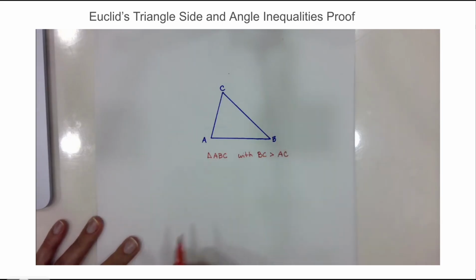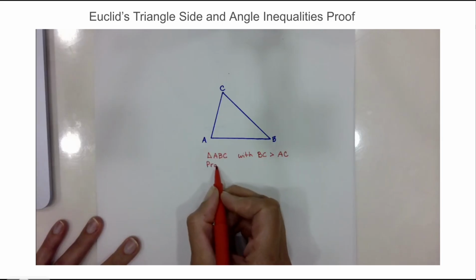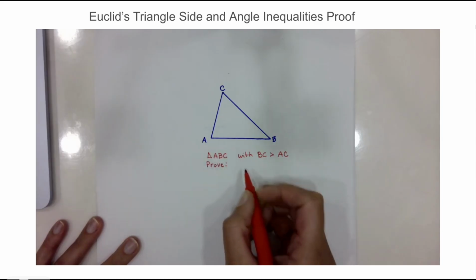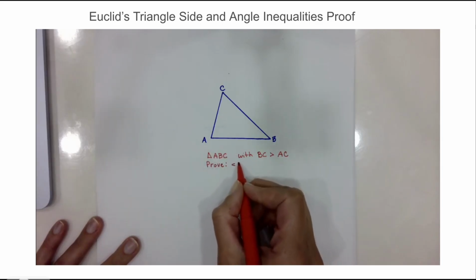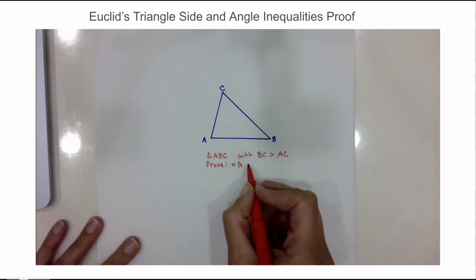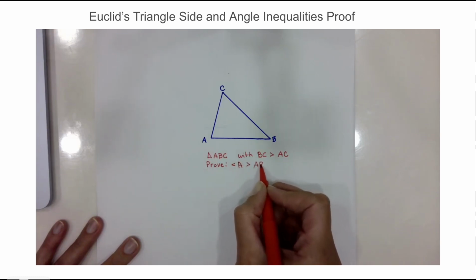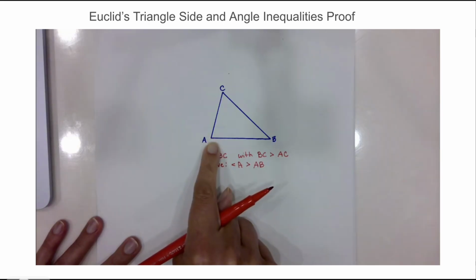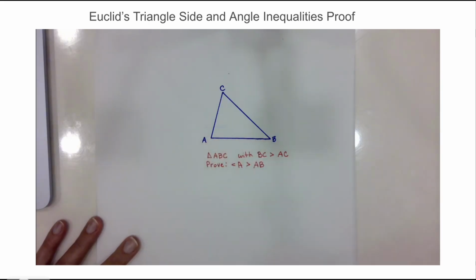And our job is to prove that angle A is greater than angle B. Angle A is greater than B. How can we prove this?